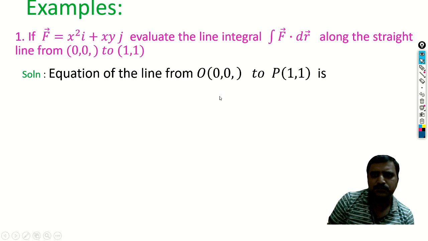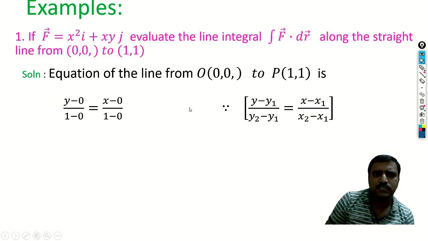When you know two points of a straight line, we can easily write its equation using the formula (y minus y1) by (y2 minus y1) is equal to (x minus x1) by (x2 minus x1), when it passes through the points (x1, y1) and (x2, y2).